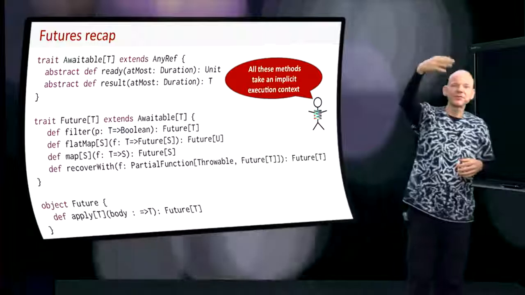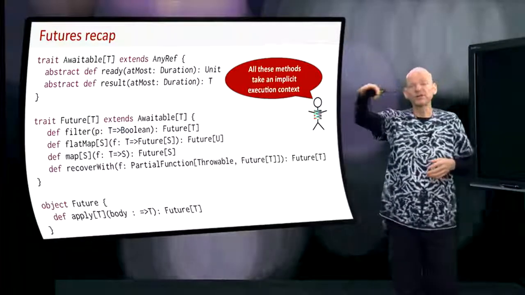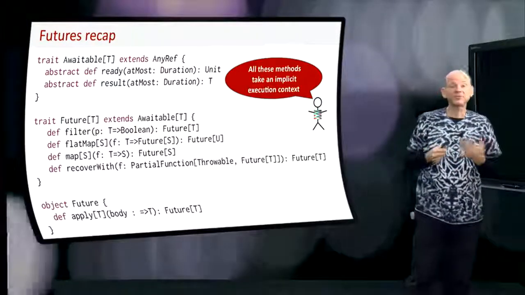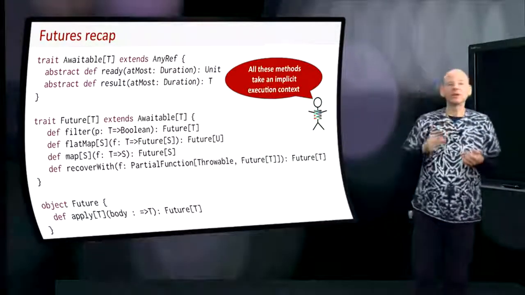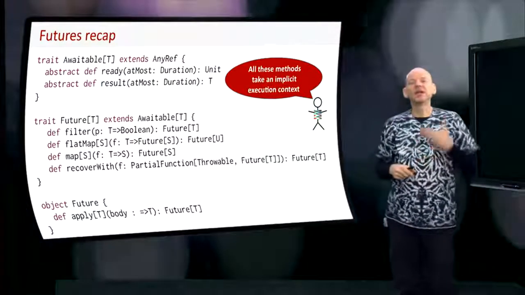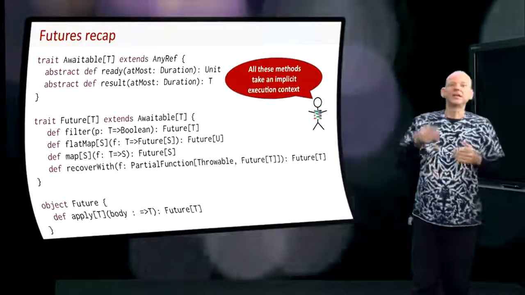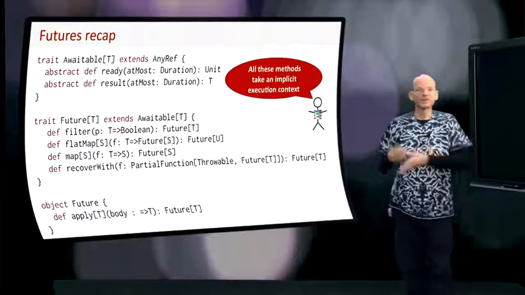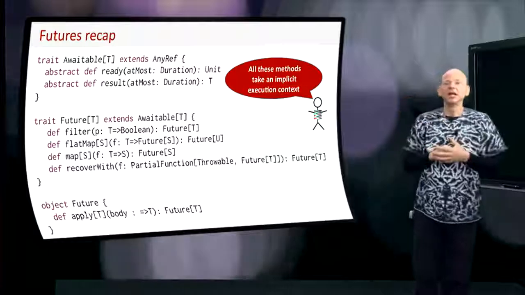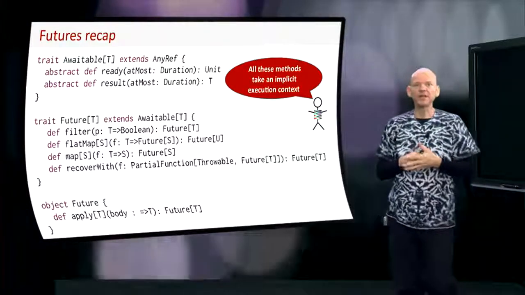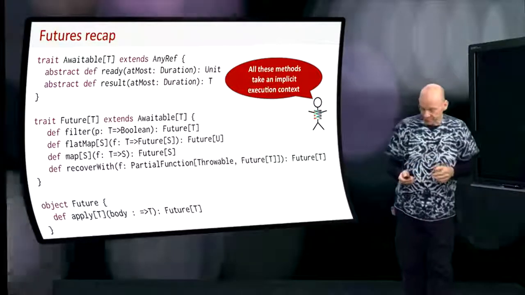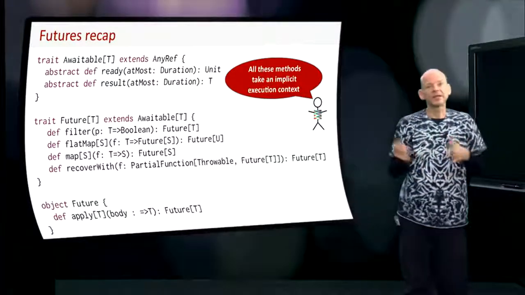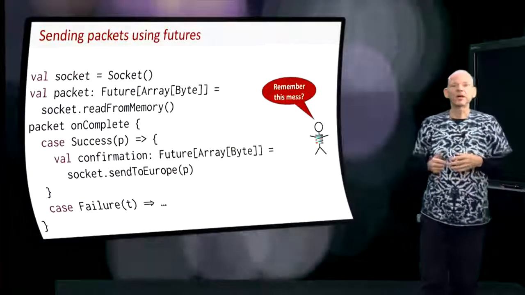Such as filter, flat map, and then of course there are certain domain-specific operators that are only defined on future, and that one is recoverWith. And recoverWith there, you see, takes a partial function that takes a throwable and returns a future. All right, and there we have our friend, the future constructor. So now let's see how we can use this to improve our code.